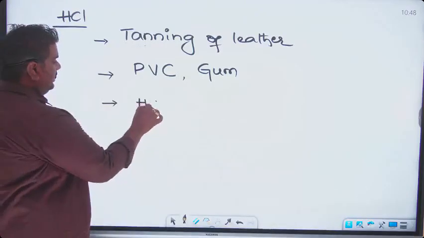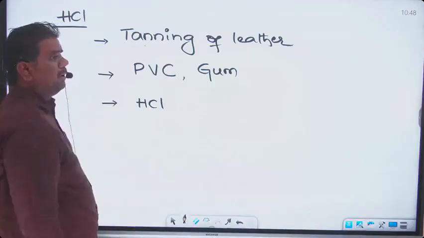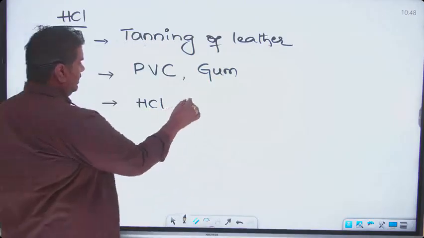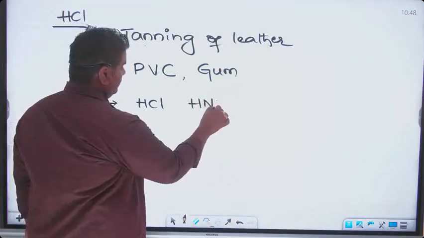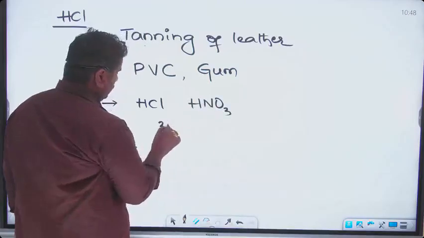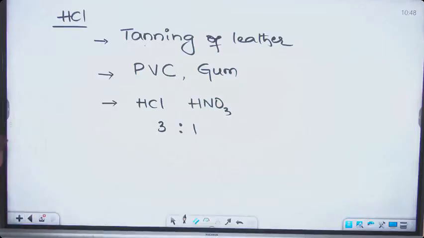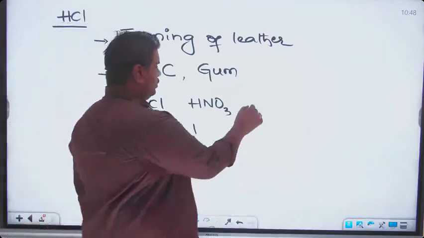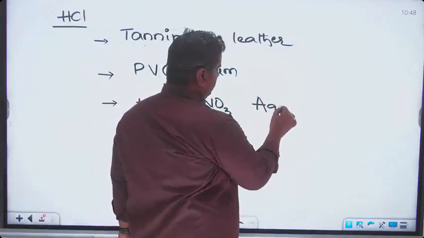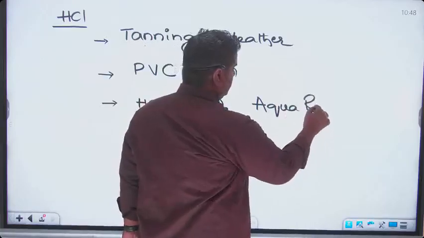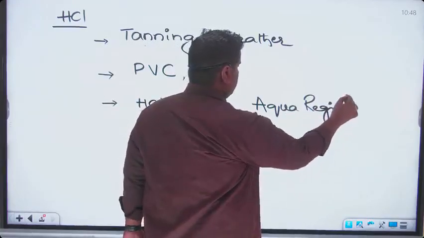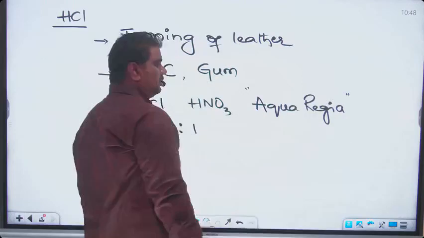HCl and nitric acid, when mixed in the ratio of 3:1, it is known as aqua regia.